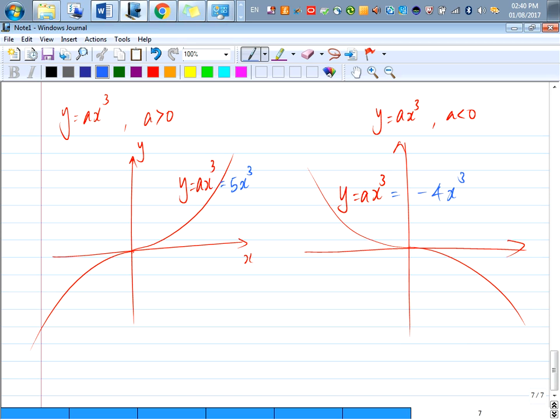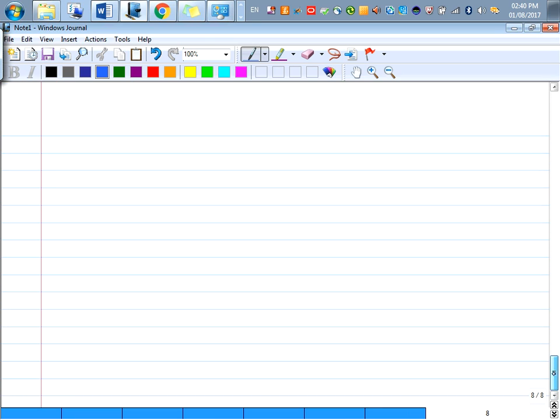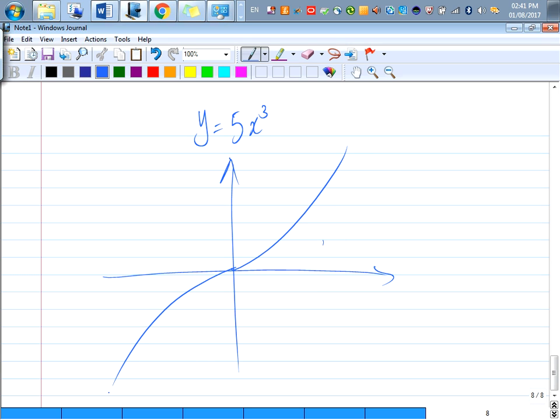Afiq has the correct idea. Did you all hear what he said? He said, can I draw a full parabola? For example, y equals 5x to the power of 3. If I ask you to draw this, Afiq is suggesting that instead of drawing like that, can he draw a parabola?